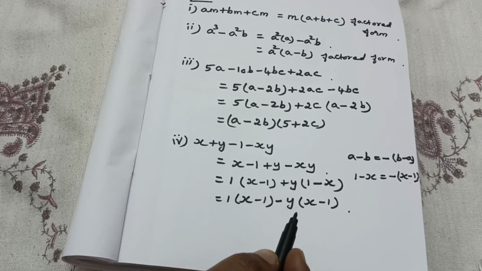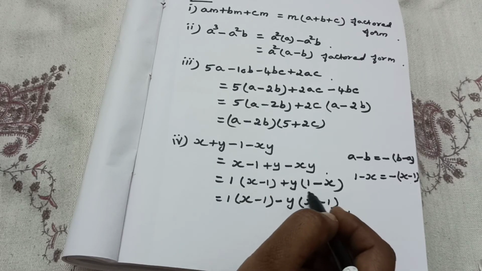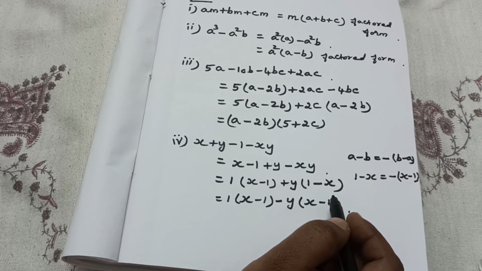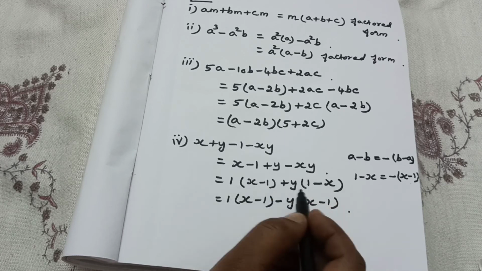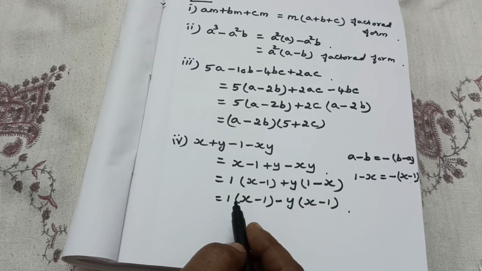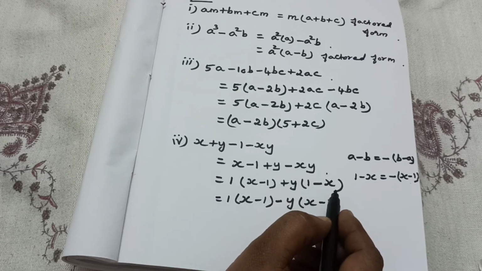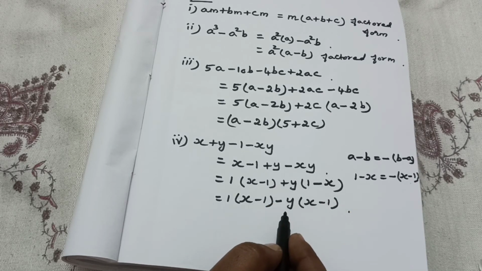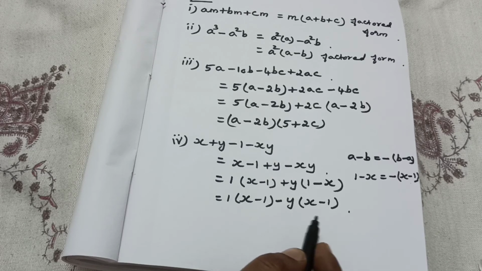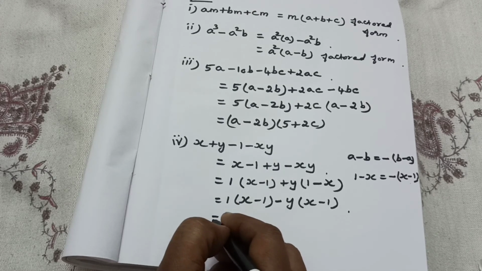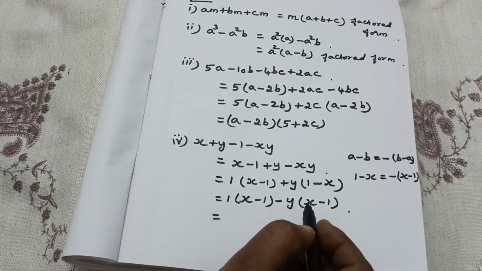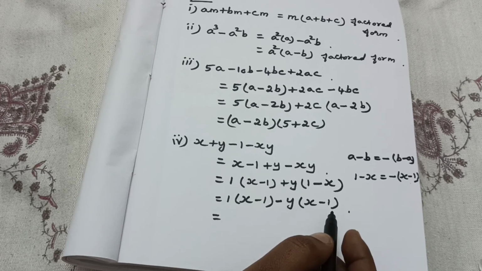In the factorization method, if any one term is common in two terms, then we can take it outside. Okay, here x minus 1, but here 1 minus x. So minus common we took outside. That's the difference. Okay. Then equal to, now we can write. Here x minus 1 is there. Here also x minus 1 is there.